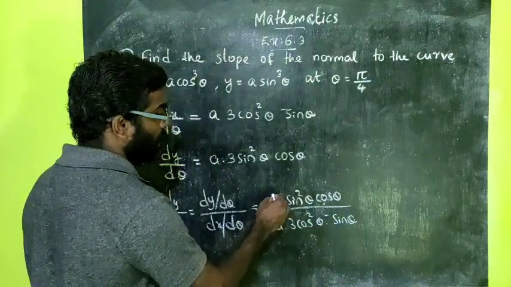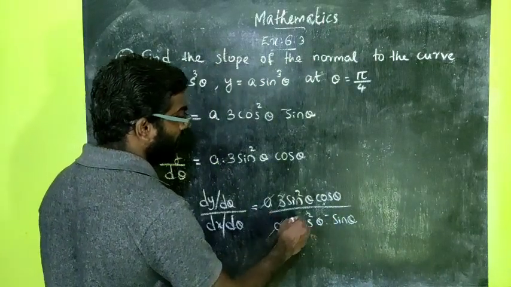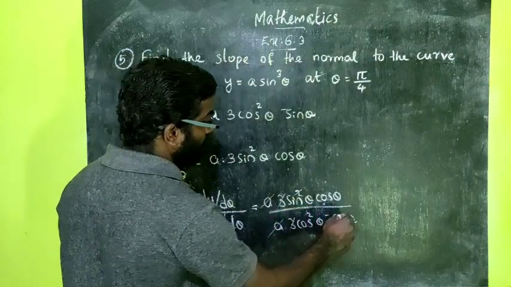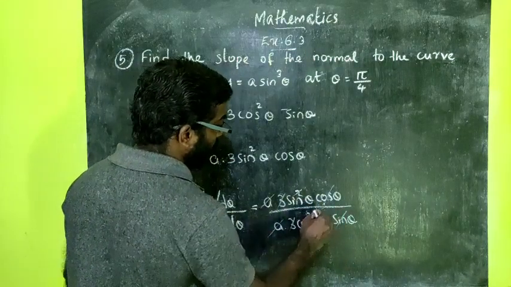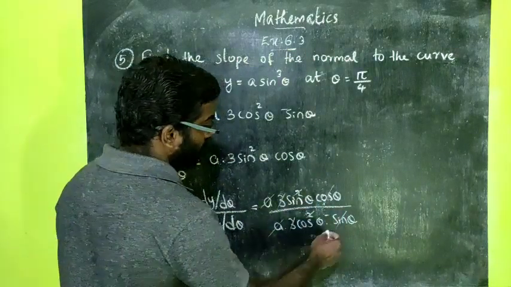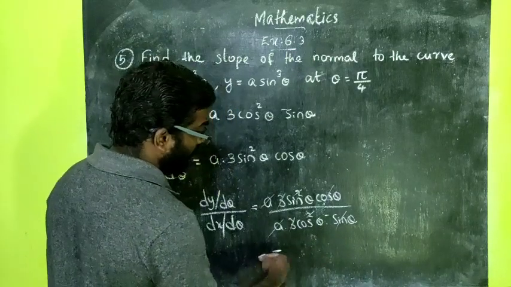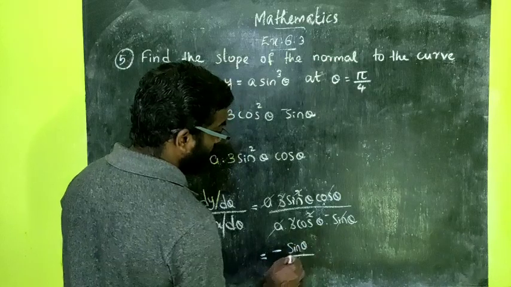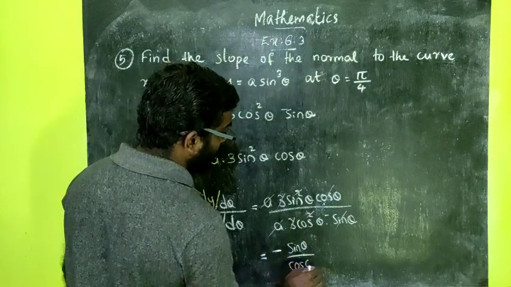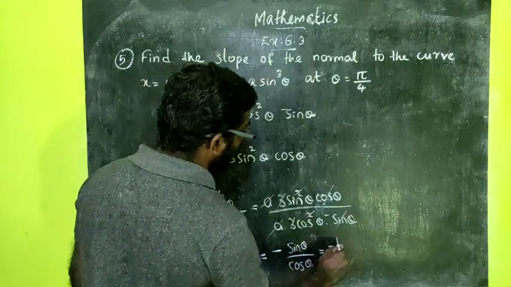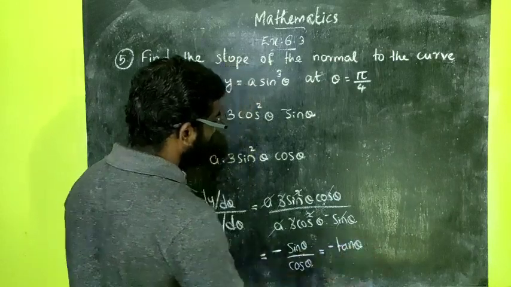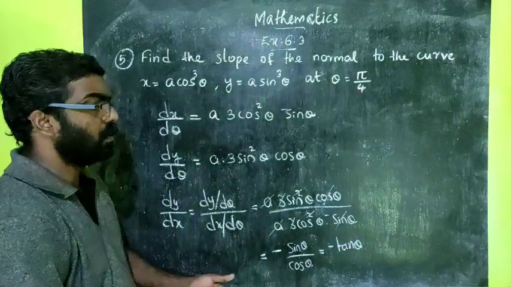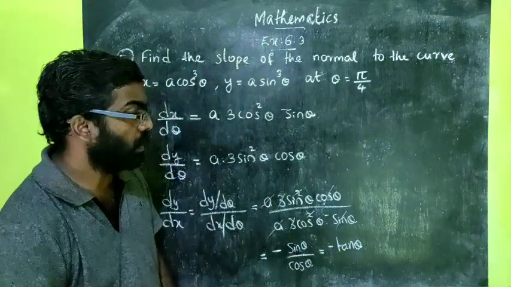Here we can cancel a and a, then 3 and 3, and sin theta and cos theta. So the remaining is minus sin theta by cos theta, which is equal to minus tan theta. dy by dx is equal to minus tan theta.